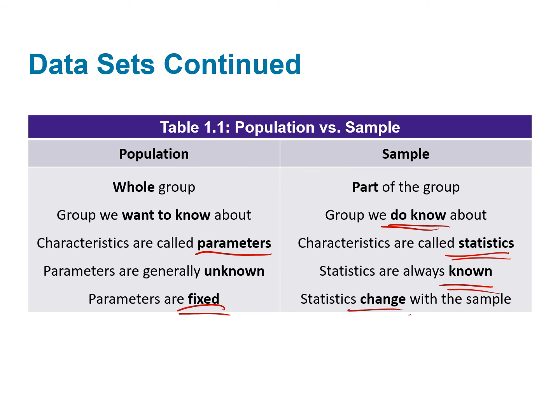And statistics are going to change with your sample. If you pull different samples from the same population, you might have a different sample mean, for example, and we'll talk about what the sample mean is in Chapter 3. You might have a different mean for a different sample within the population, and that's okay. So statistics change based on the sample.